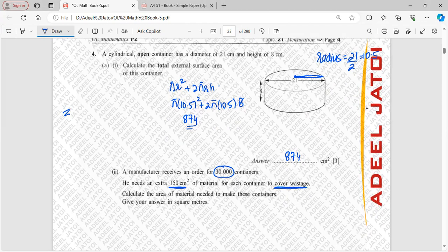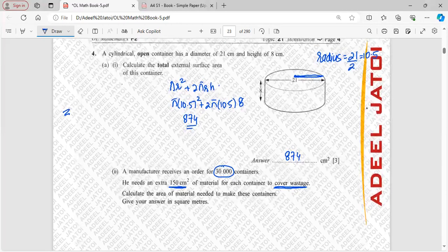So how much total surface area did we have initially? We had 874 surface area required for this container, but this is for one only. We will add 150 more because 150 extra is required for the wastage. So the total surface area for each container would be 1024 centimeter square.